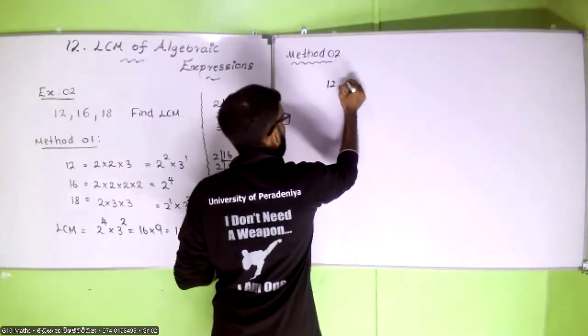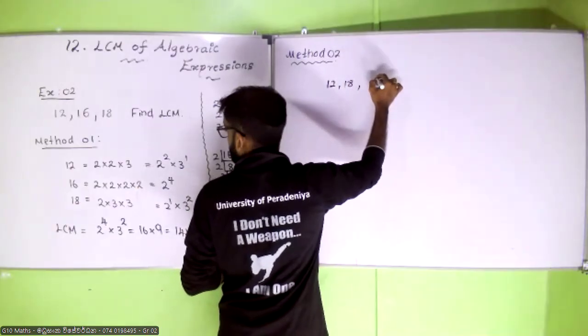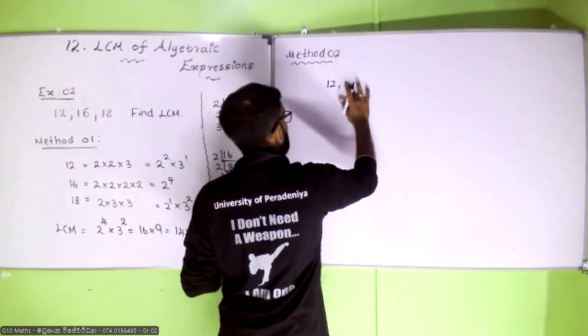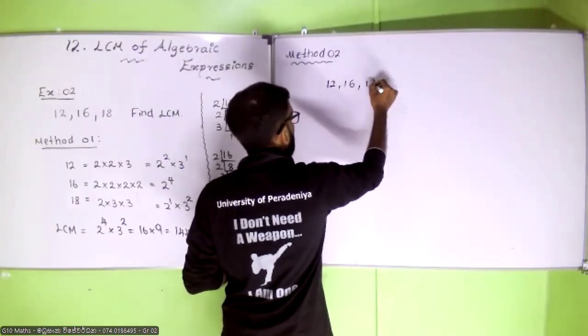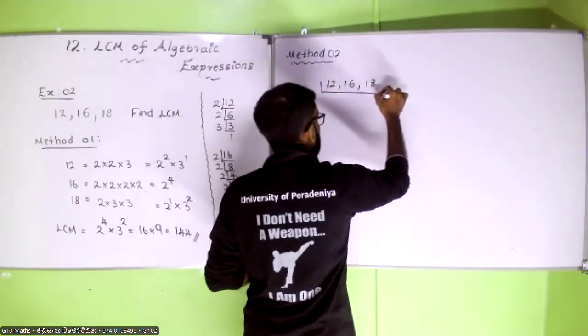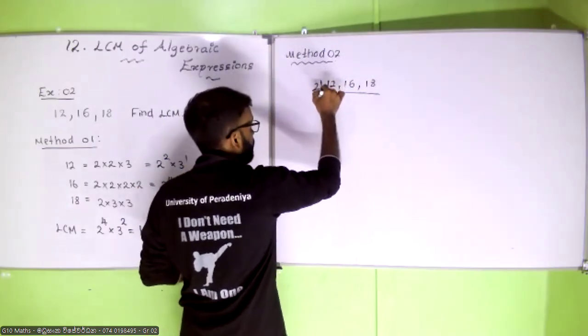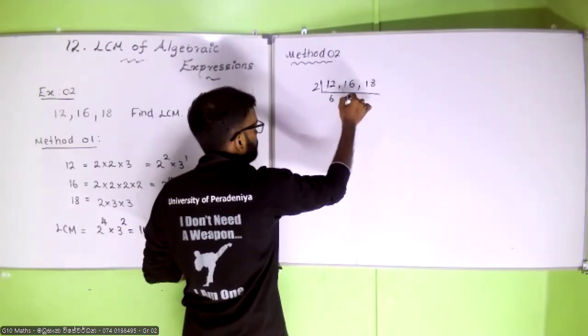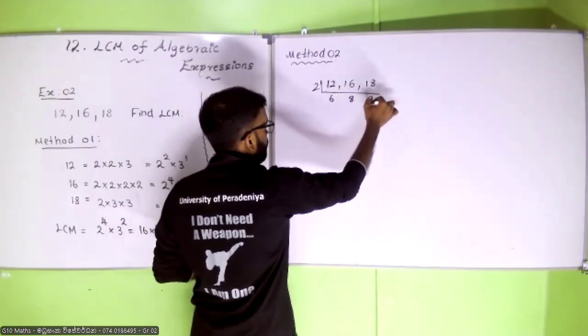12, 16, 18. We can use 2. 2 times 6, 2 times 8, 2 times 9.